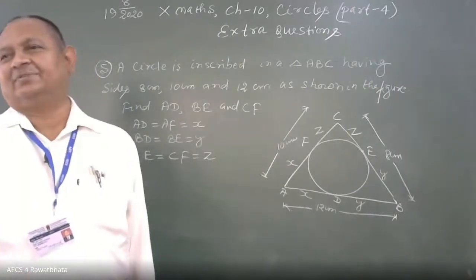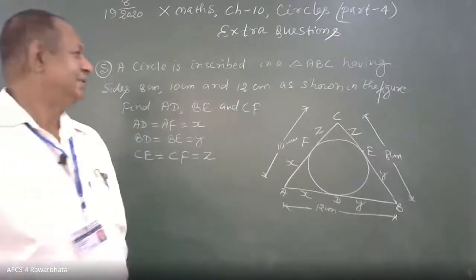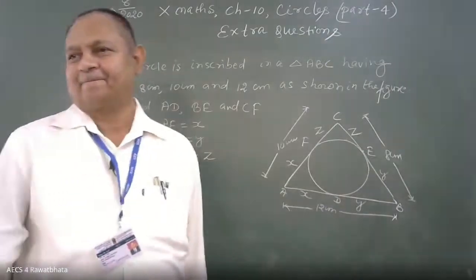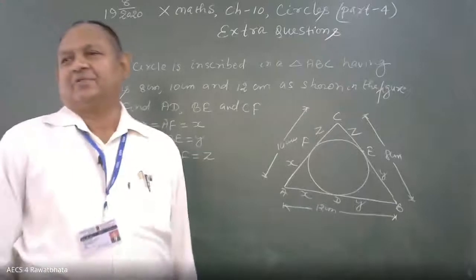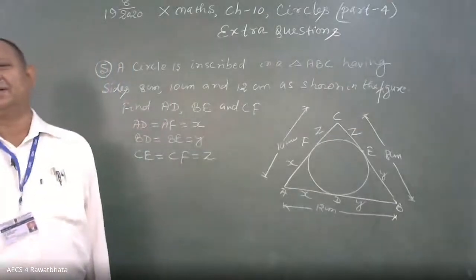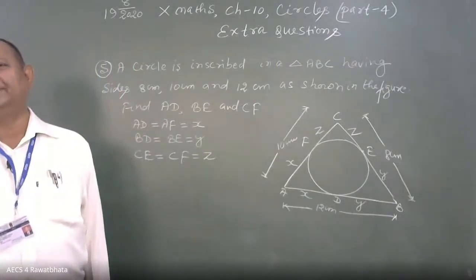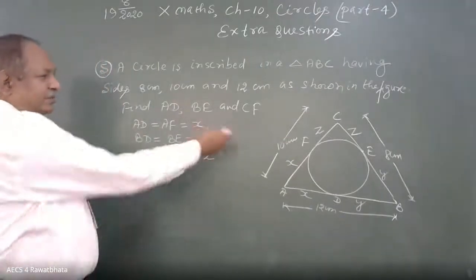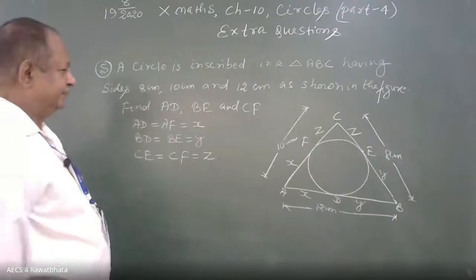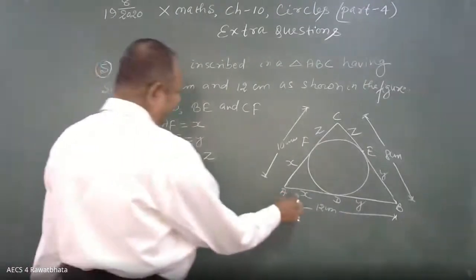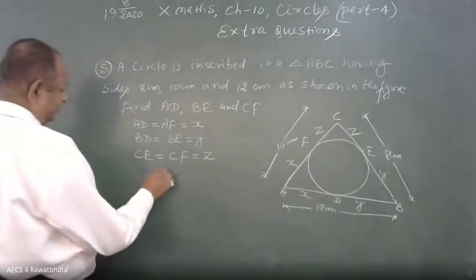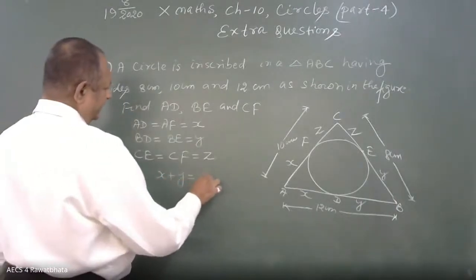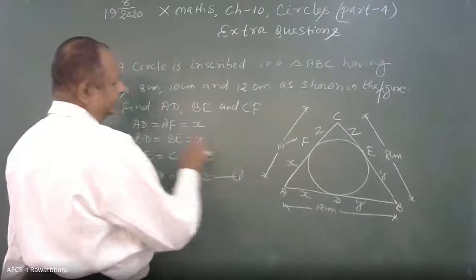The reason is the same: the lengths of two tangents drawn from a point outside the circle are equal in length. Now, according to the question, we can write x plus y is equal to 12, say equation number 1.